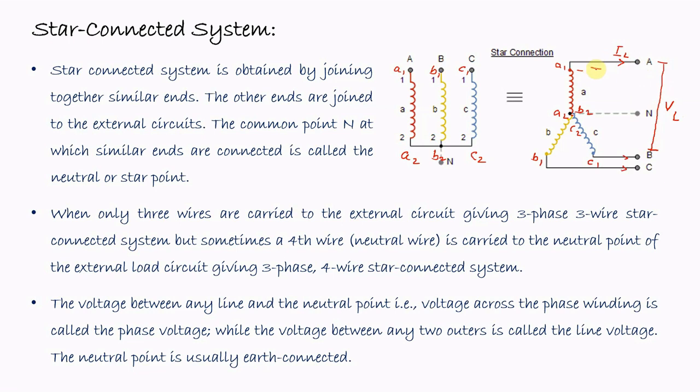Whereas the voltage across a coil will be considered as a phase voltage, and similarly, the current flowing through a coil will be considered as a phase current. We can say in other terms also, the voltage between a phase line and the neutral line is also considered as a phase value or the phase voltage.